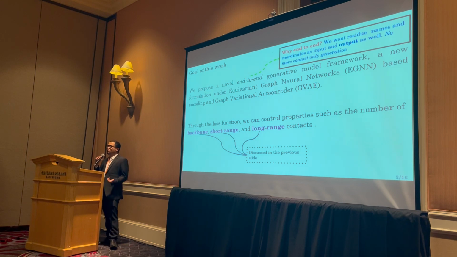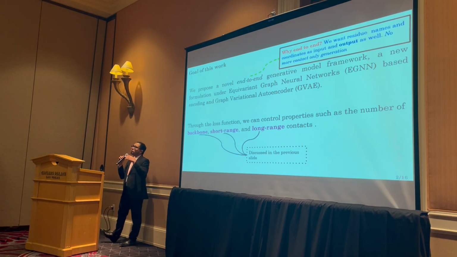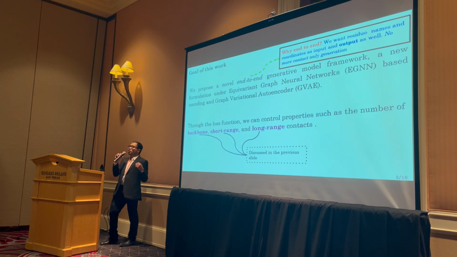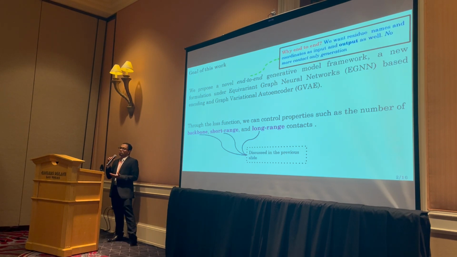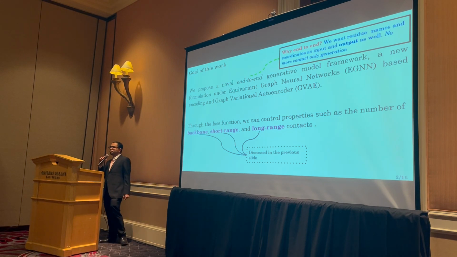The reason is that we are taking coordinates as inputs and producing coordinates as outputs as well. So we don't want to rely on any intermediate contact-only generation, for which we would have to resort to some sort of complex methods to recover our generated coordinates.